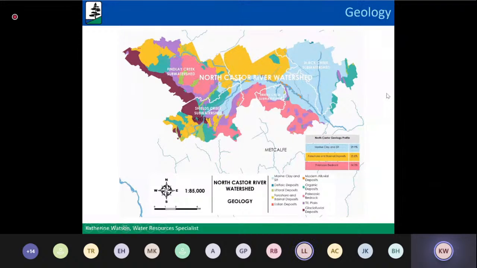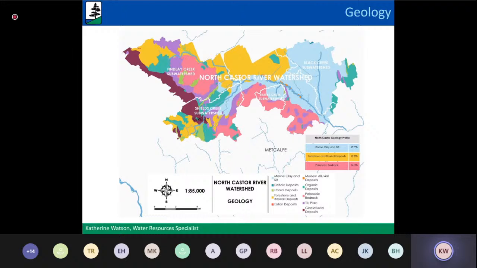So we provide a lot of background information on the physical aspects of the catchment within our final report. But I wanted to just highlight some of the geology because, as you know, geology is really the main driver for existing land use, as well as what the landscape looks like today.